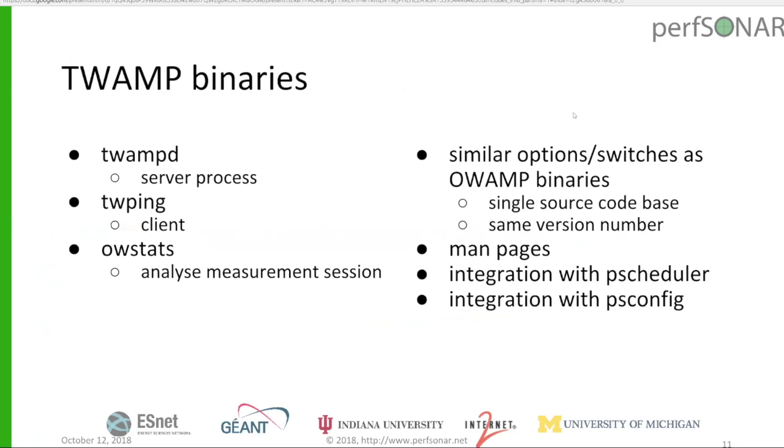And what's worth mentioning here is that this TWAMP integration with perfSONAR is currently the only open source TWAMP implementation we know about. If somebody knows about another open source TWAMP implementation, we will be happy to hear, but that's what we currently know.